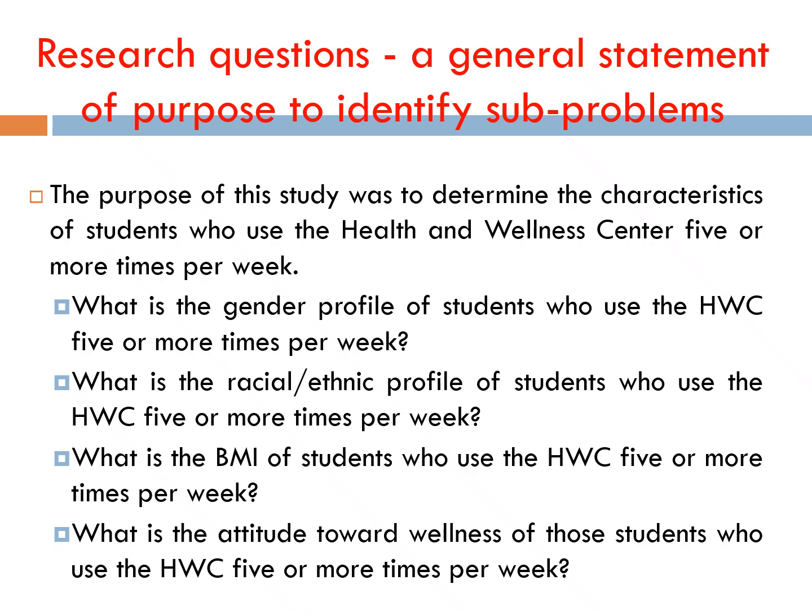Gender profile means male, female. What is the Asian or ethnic profile of those who use it? Ethnic profile means religion-wise we are taking it. What is the BMI, body mass index, of students who use it, and what is the attitude to use it, meaning whether it is a positive attitude or negative attitude.